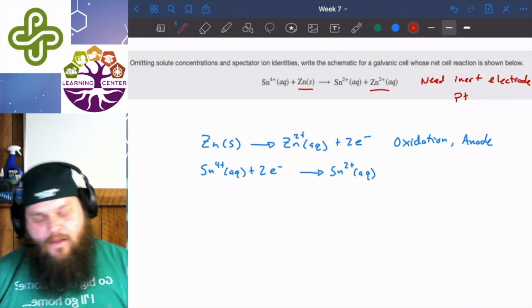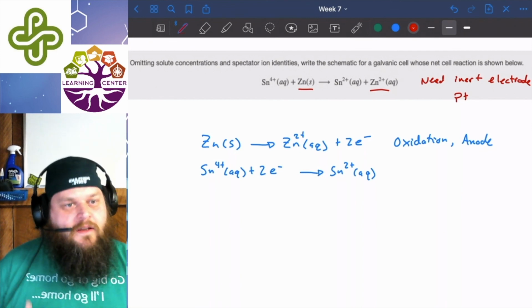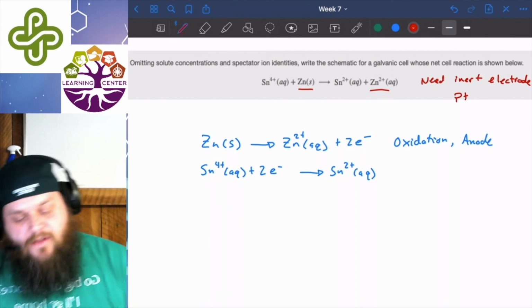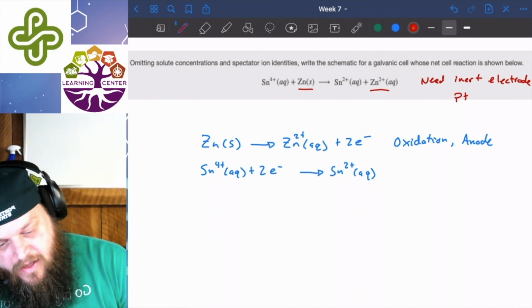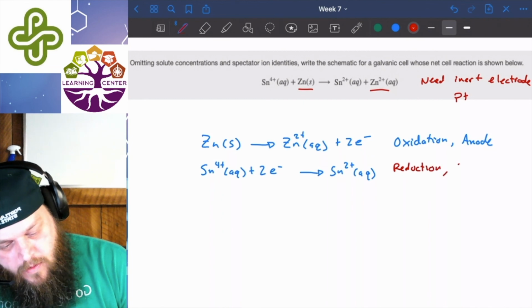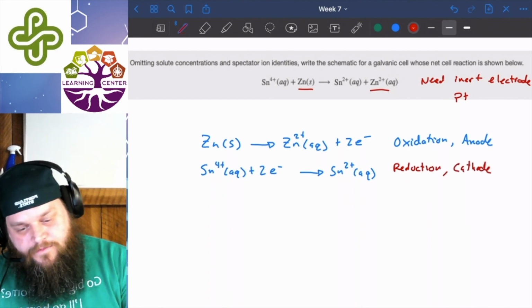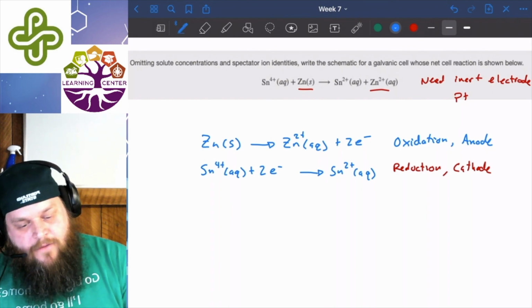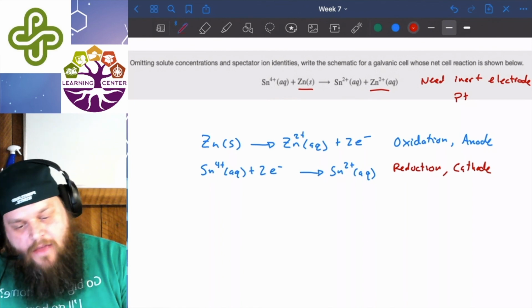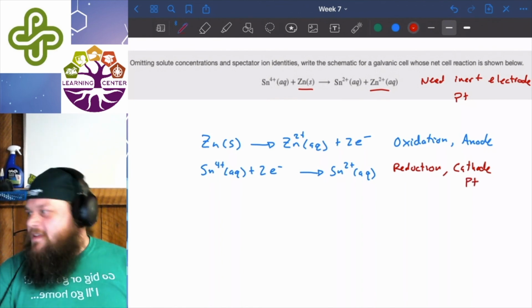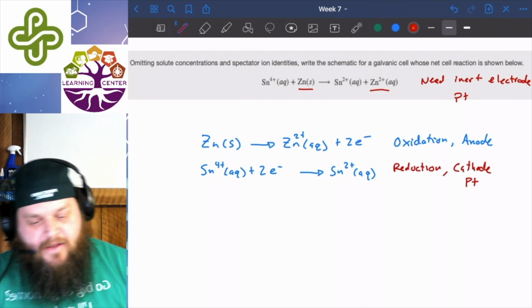Since the electrons are part of the reactants, we're gaining electrons, so we call that a reduction, which is the cathode. And for that cathode, since we don't actually have a solid cathode in there, the cathode is really our platinum. I keep saying the wrong word. Platinum is Pt.